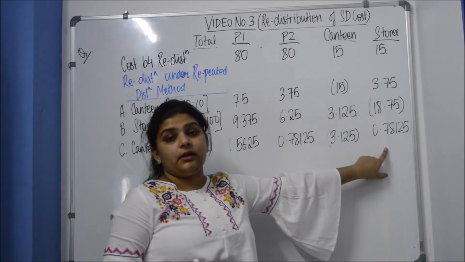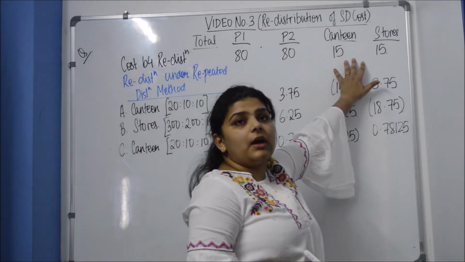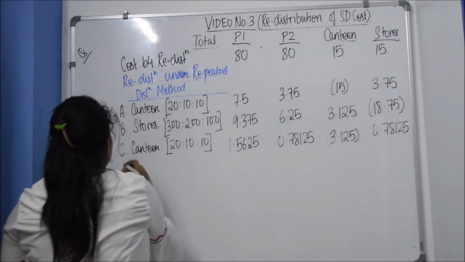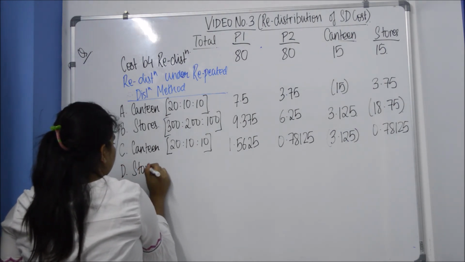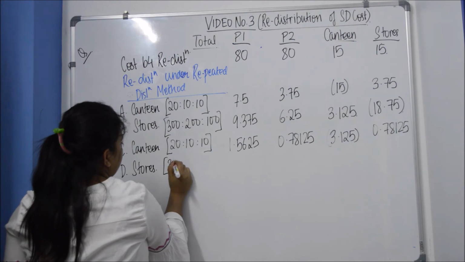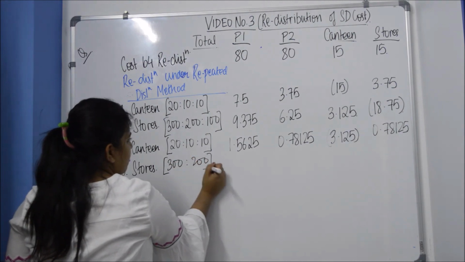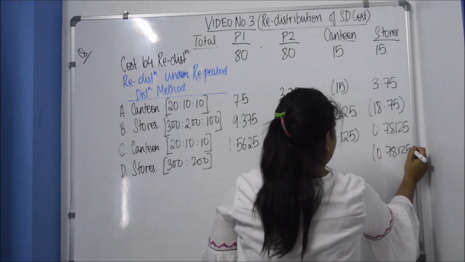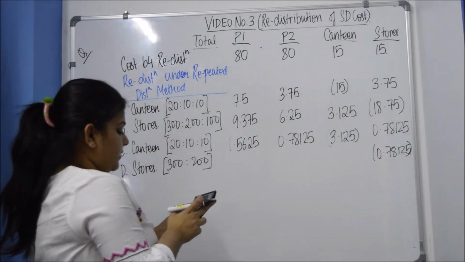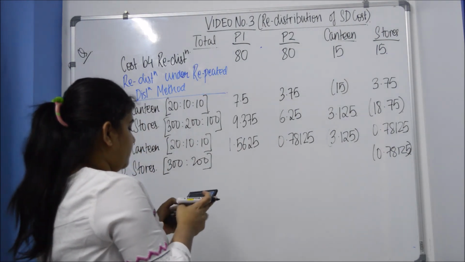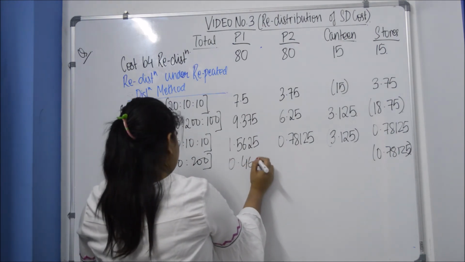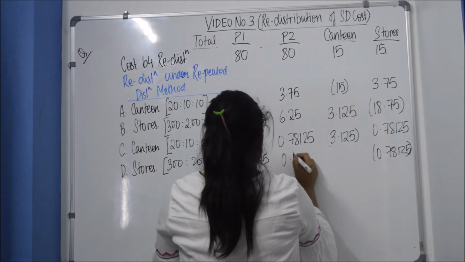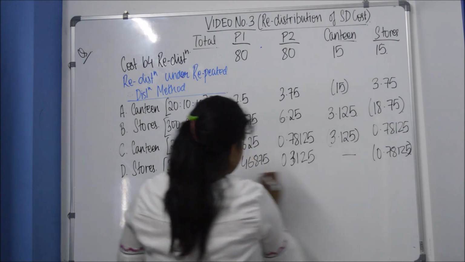You have to see the materiality of the numbers. If the numbers are maybe in thousands, we will look at the number as approximately 100 or 50. Similarly, the last department is stores, which we are going to redistribute. Now give this cost only to P1 and P2 and close it. So negative 0.78125 will be given, 0.78125 in this ratio would be 0.46875 and 0.3125. Nothing given here.